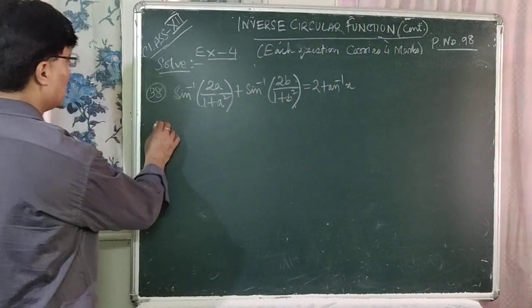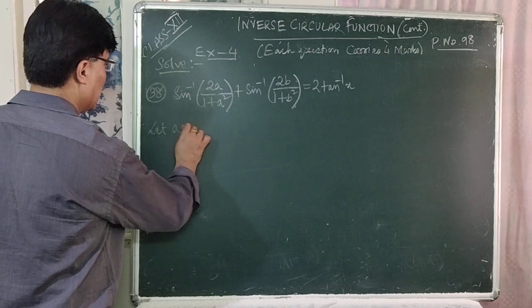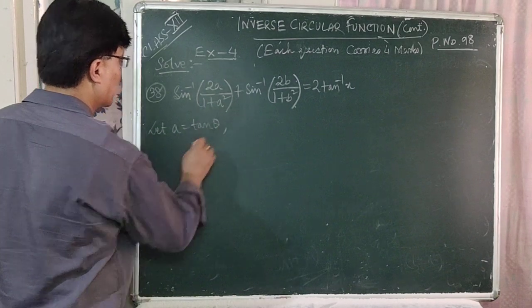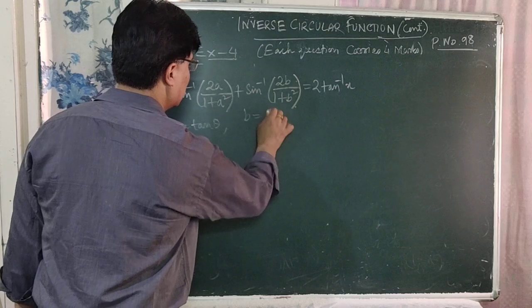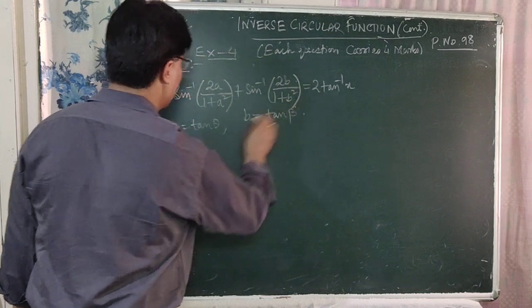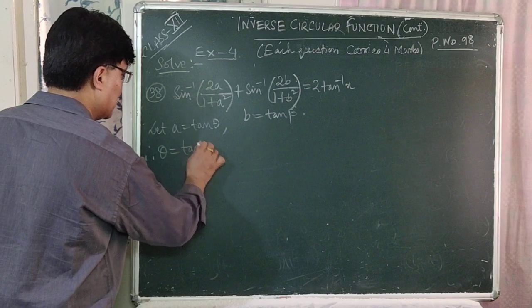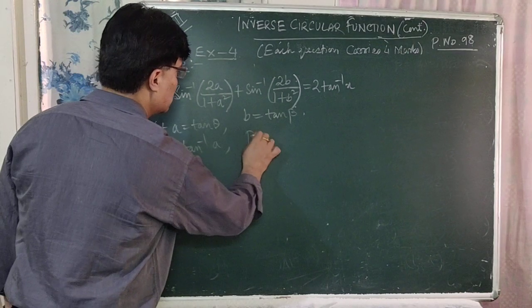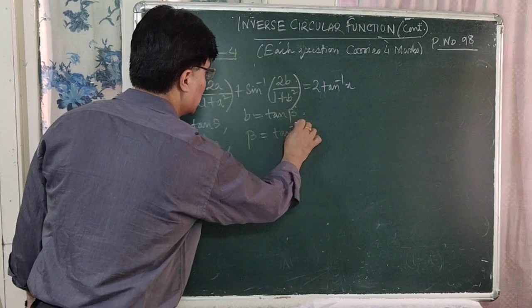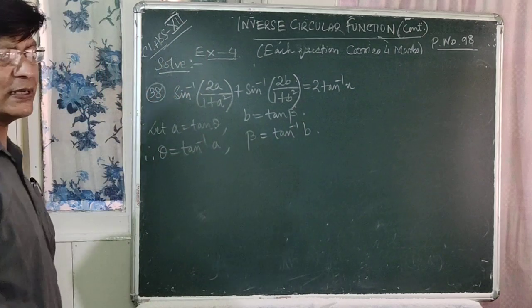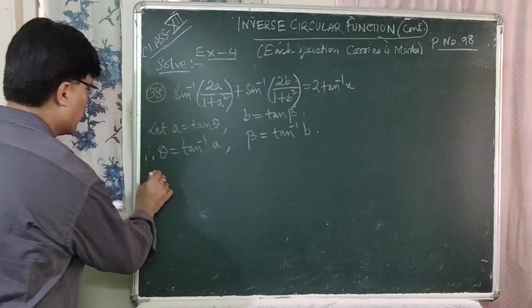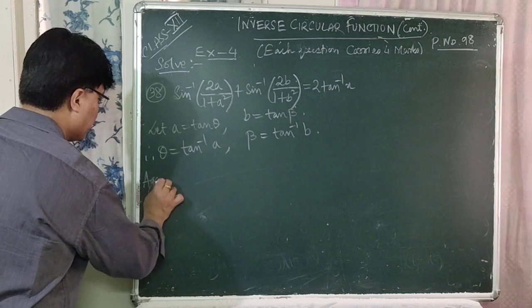Let a is equal to tan theta and b is equal to tan beta, right? So let us find the value for theta. Theta is equal to tan inverse a, and beta is equal to tan inverse b, right?